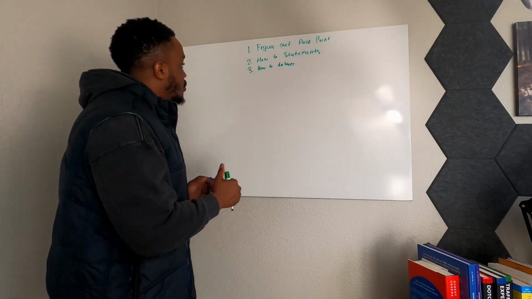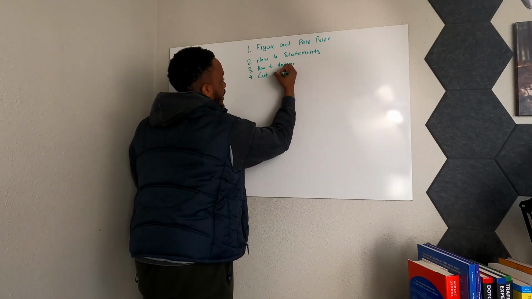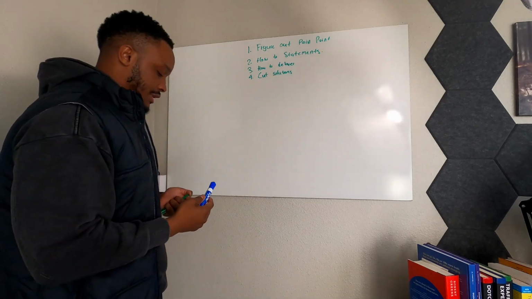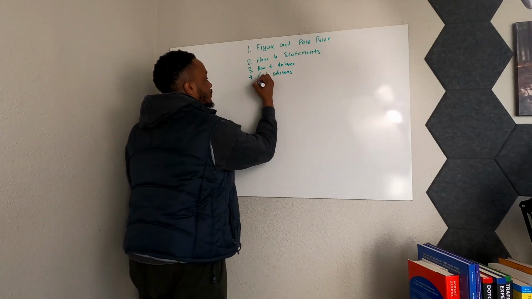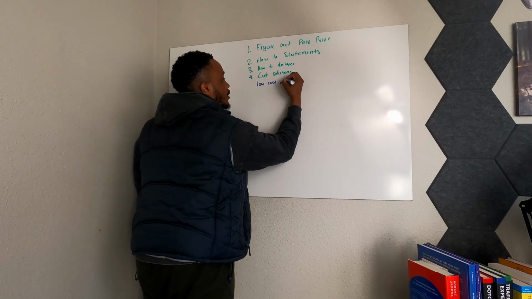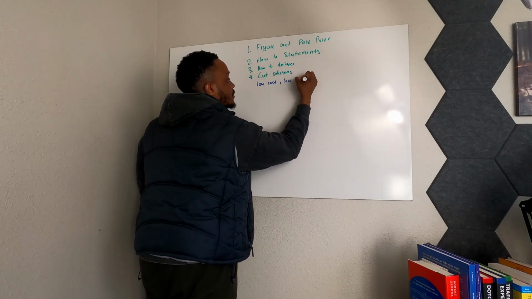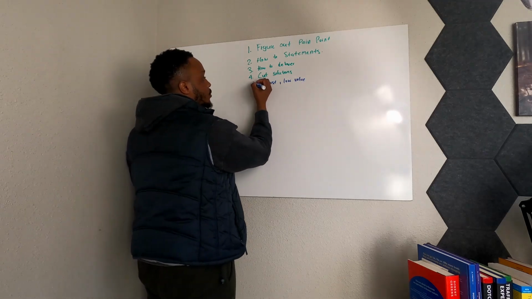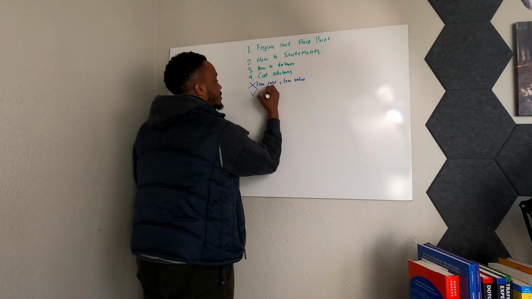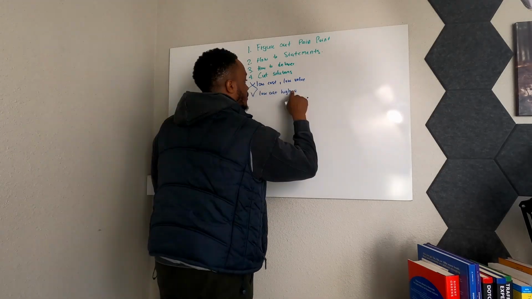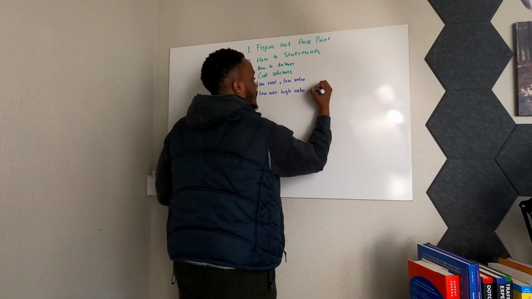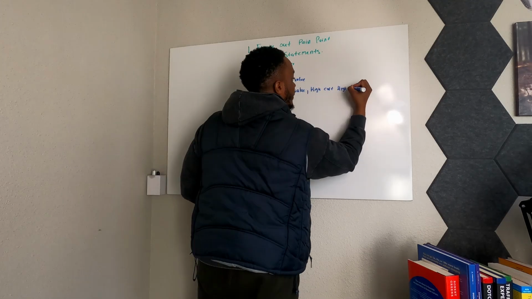After that, you want to cut solutions down. The way you cut solutions down is you get rid of anything that is low cost, low value, right? But you keep anything that is low cost, high value, and high cost, high value.